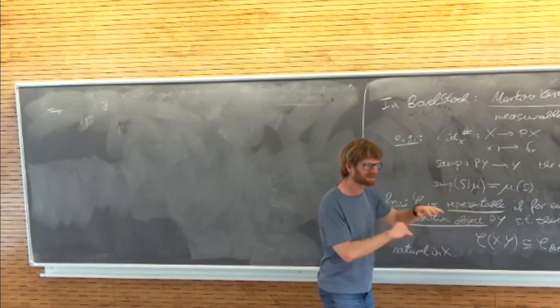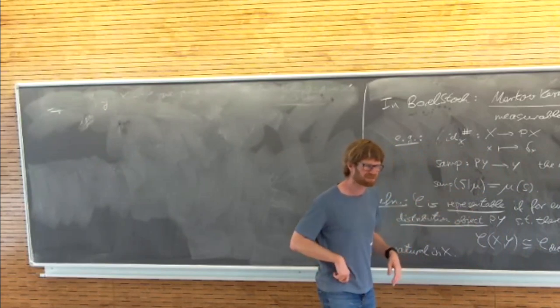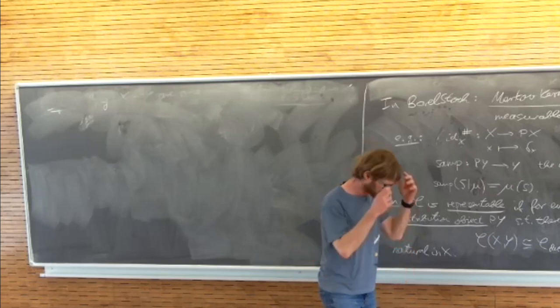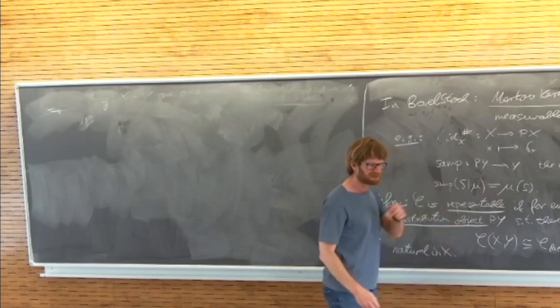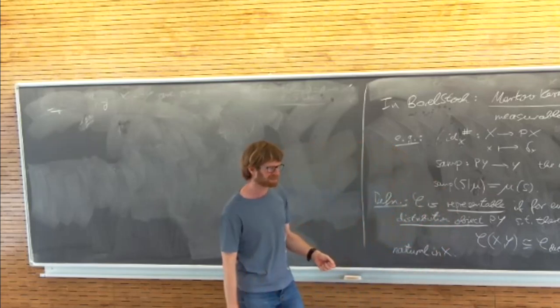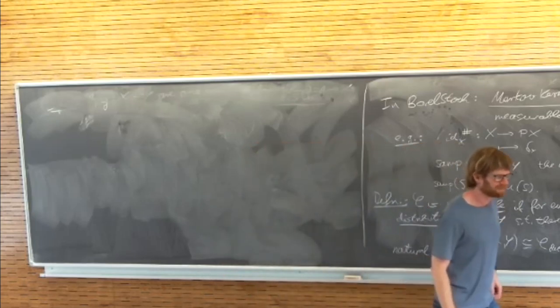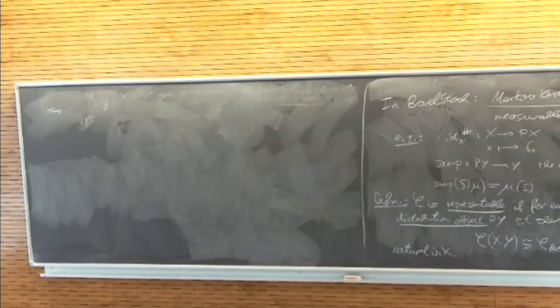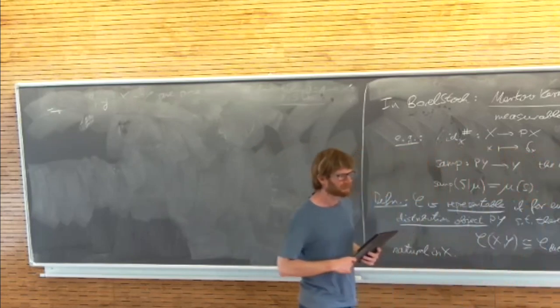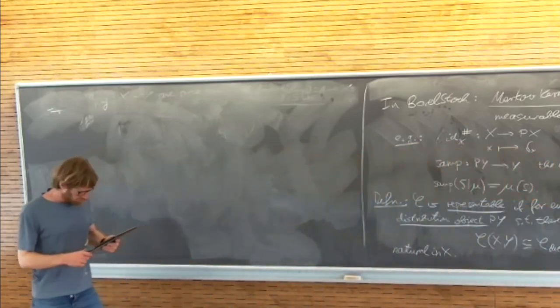It's more like the opposite: it contains all objects, but not all morphisms between them. So this is maybe a little unusual from that perspective.